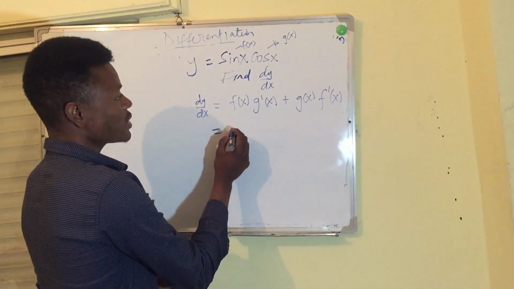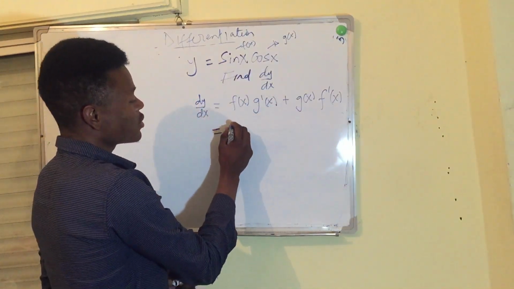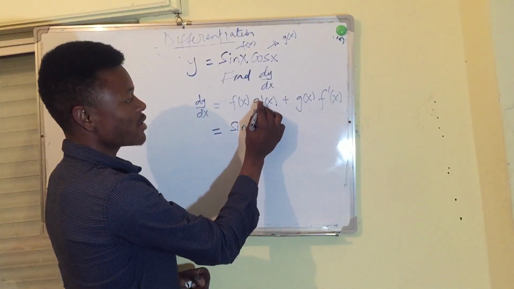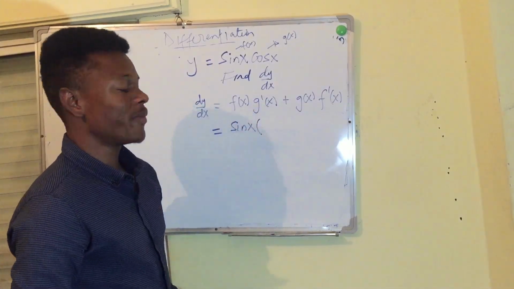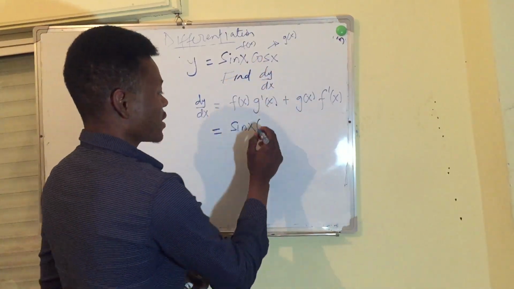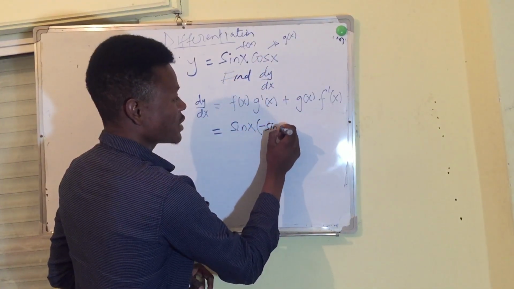So from here, what is our f of x? Sine x. Then times the derivative of g of x. What is the derivative of cos x? It's negative sine x. So we have negative sine x.